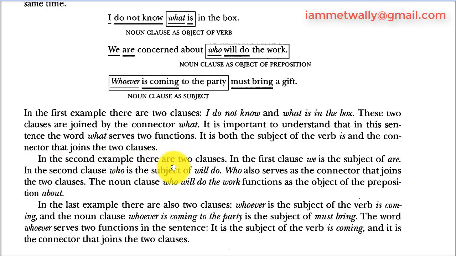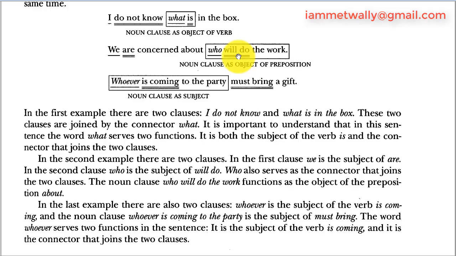In the second example there are two clauses. In the first clause, we is the subject of are. Here it is, we are. In the second clause, who is the subject of the verb will do. Here it is, who will do. Who also serves as the connector that joins the two clauses. The noun clause who will do the work functions as the object of the preposition about.